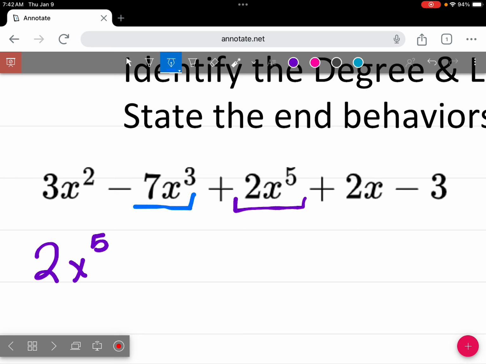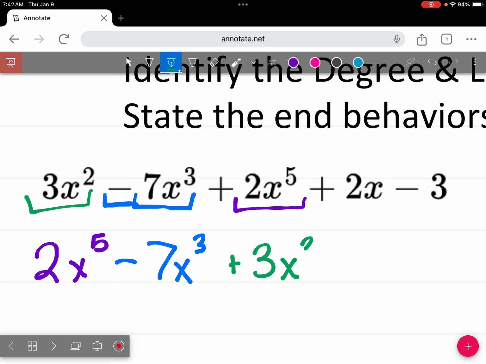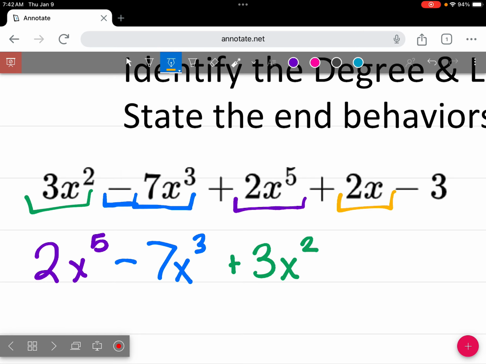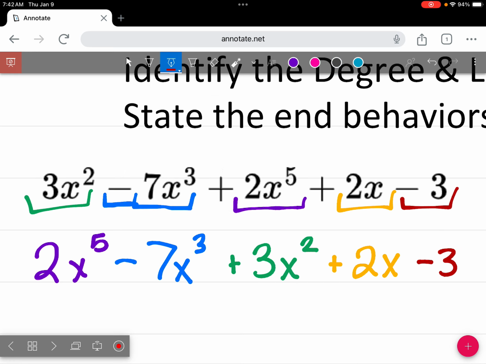So we need to take this piece, but we also notice this guy is being subtracted, so that's minus 7x cubed. What's my next biggest exponent? 2. So that one goes next. It's a positive 3x squared, so we put plus 3x squared. Next biggest, our plus 2x. And one more piece, the minus 3. So this is in standard form.